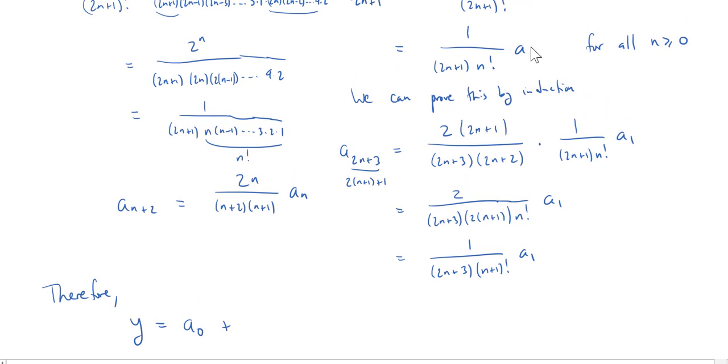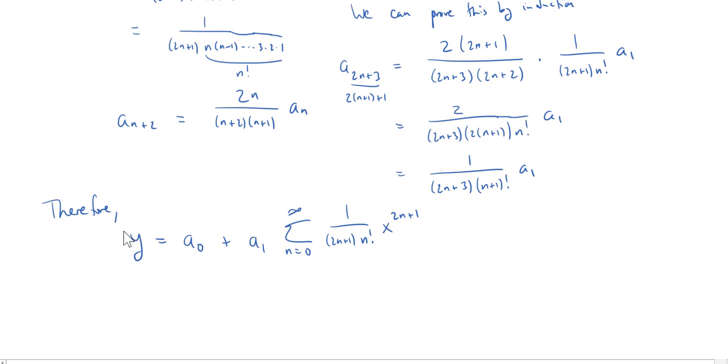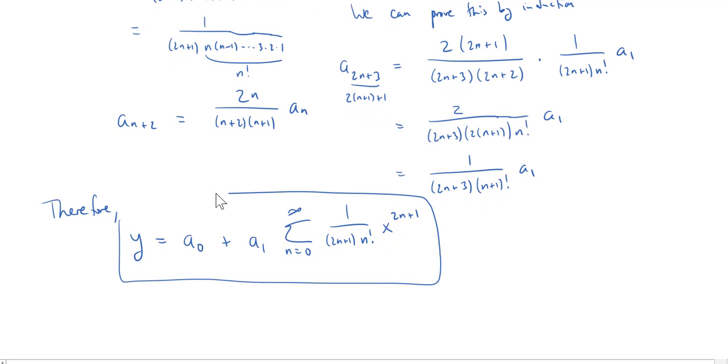Notice they all have an a1 in them, so let's factor the a1 out. So now I have a series. I'll go from 0 to infinity, and my coefficient is 1 over 2n plus 1 n factorial. And I'm looking right at the odd exponent x's here, so x to the 2n plus 1. All right, and that is my power series solution to the given differential equation.